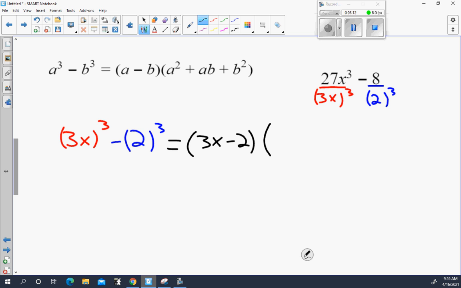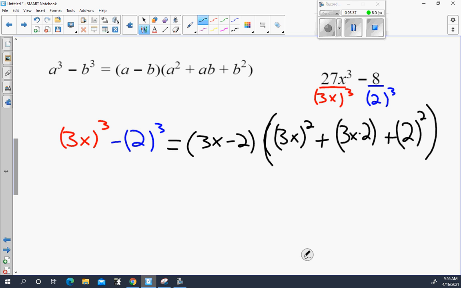It was 3x, so 3x squared plus AB, 3x times 2. And then plus B squared, plus 2 squared.